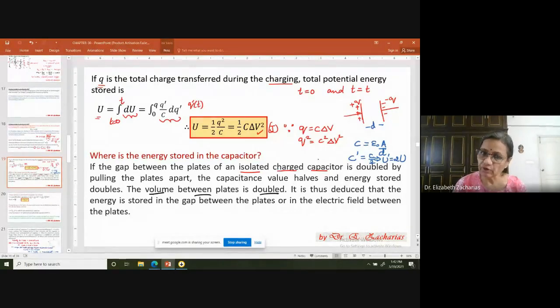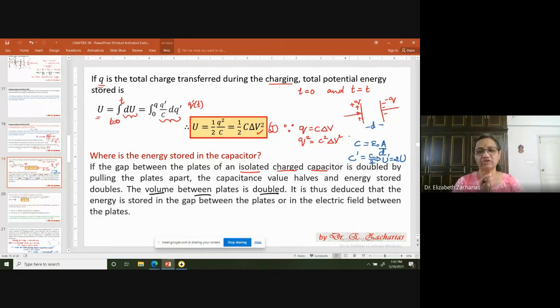So you can conclude that the energy is stored in the volume between the two plates. The charge did not change. Plate area did not change. But energy doubled, and another factor that doubled was the volume between the plates. Therefore, you come to the conclusion that energy is stored in the space between the two plates of the capacitor.